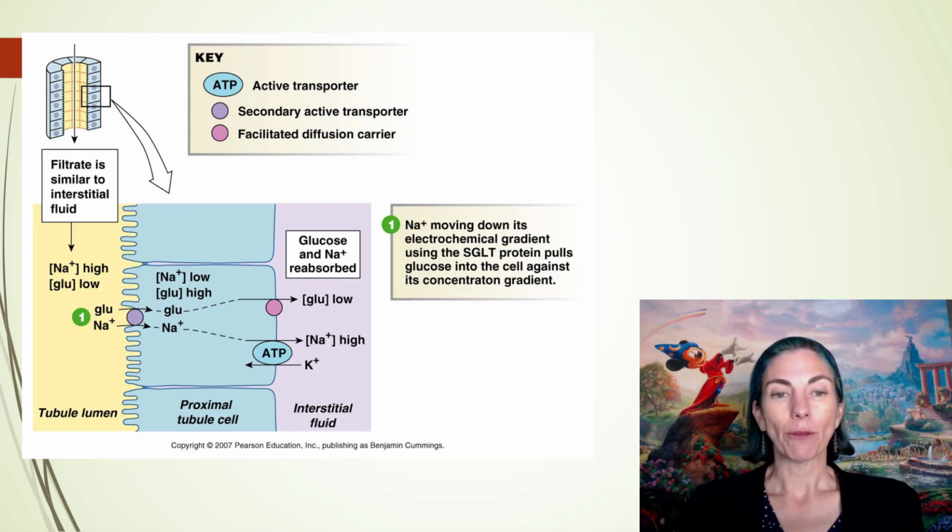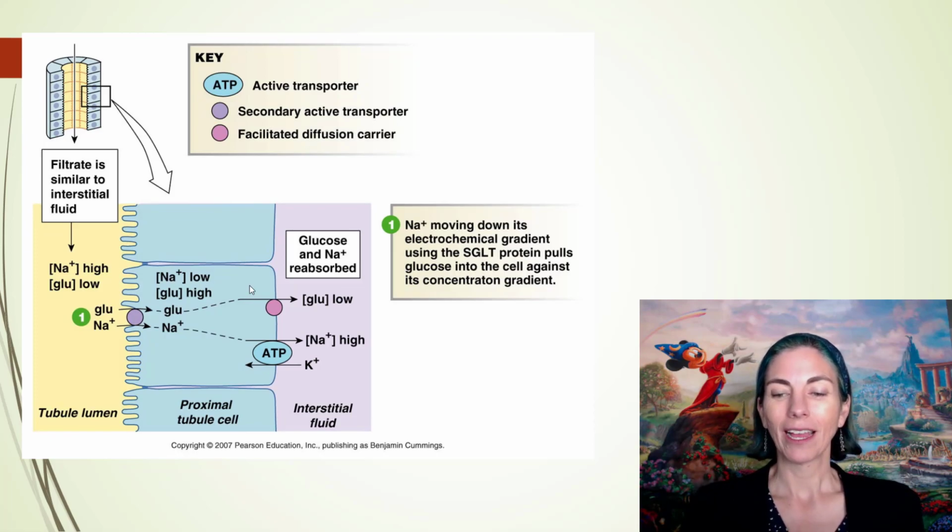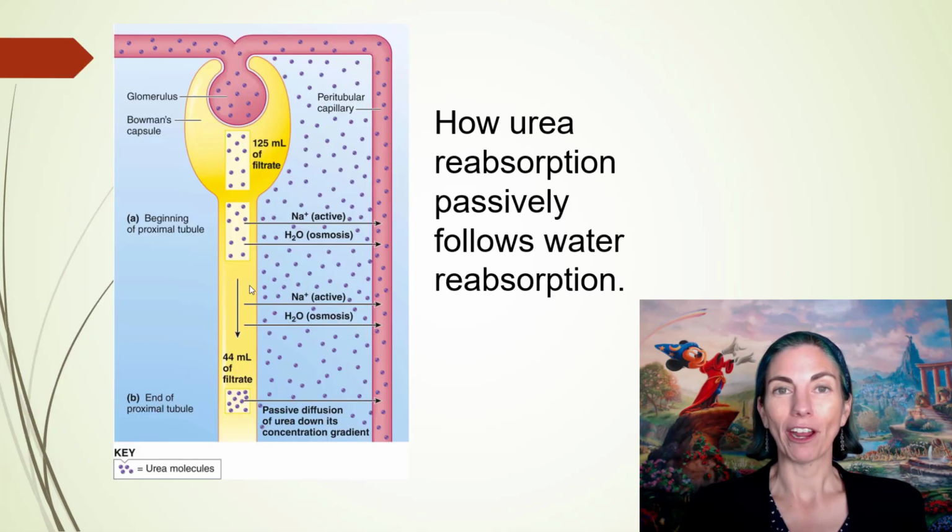The other thing that you might notice here is that we have a glucose carrier. So it says facilitated diffusion carrier here. That refers to a GLUT carrier transporter that allows glucose to exit the cell passively because it's following its own concentration gradient.